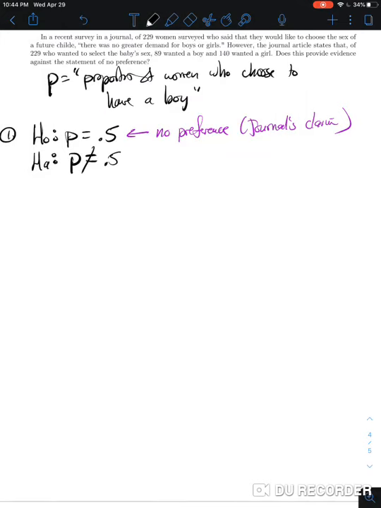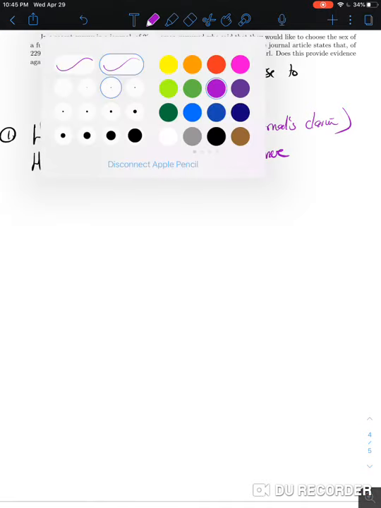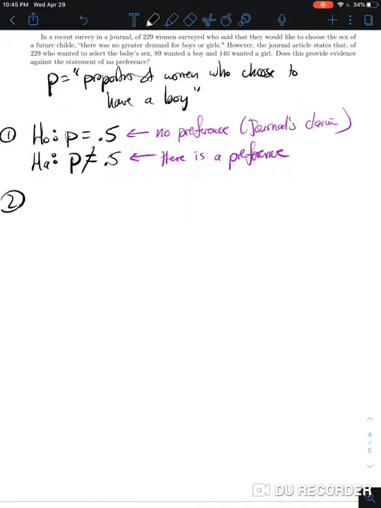The alternative is that there is a preference for boys or girls. It doesn't matter which one, it's definitely not 0.5. So here I'll just say there is a preference. So this will be a double-sided test.